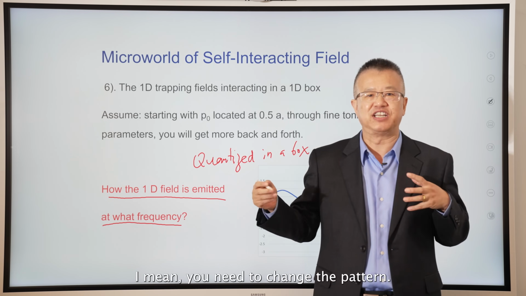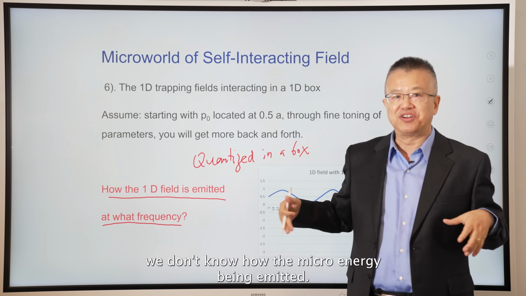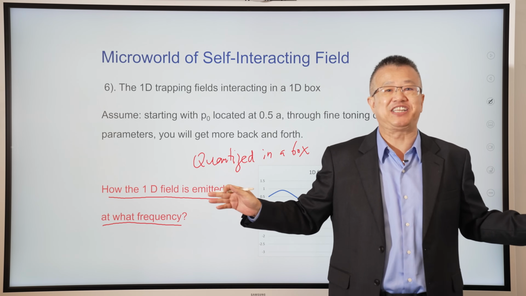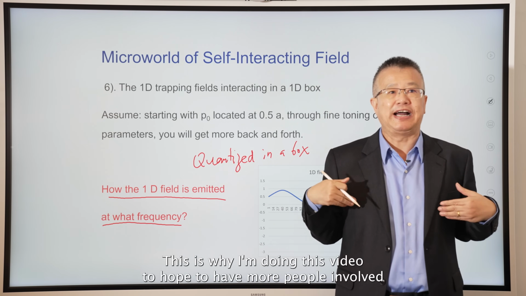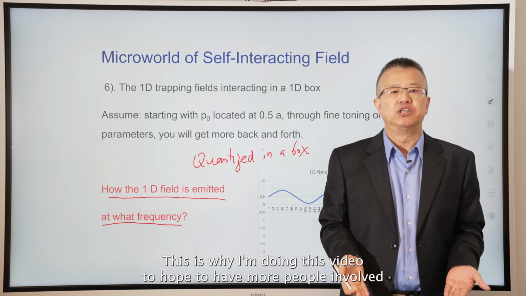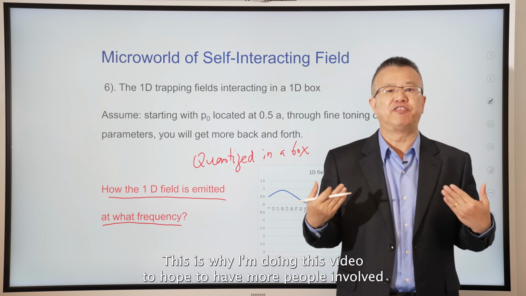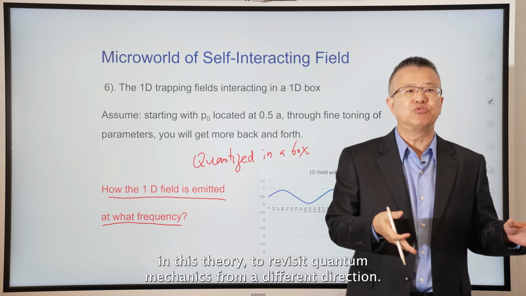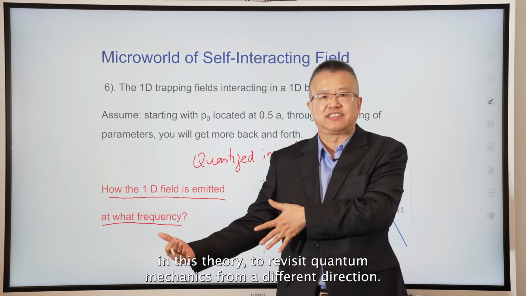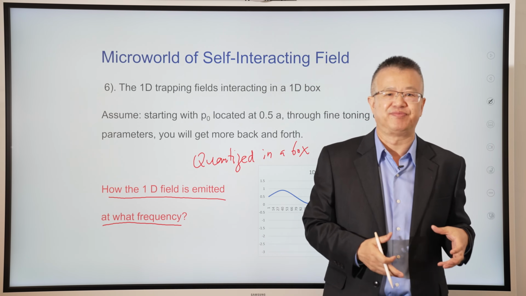I mean, you need to change the pattern. We don't know how the micro energy is being emitted, okay? So this is why I'm doing this video, in the hope of getting more people involved in this theory to revisit quantum mechanics from a different direction, okay?